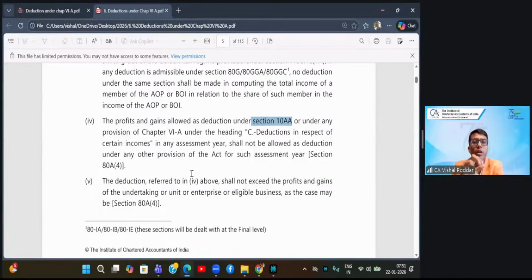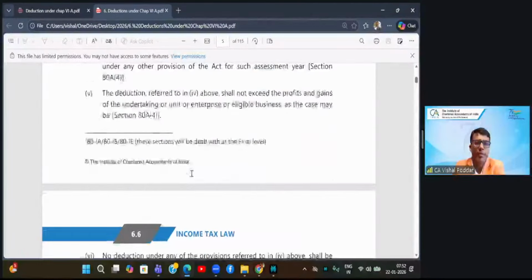Now what happens? You are eligible for deduction under two parallel sections. On the basis of area, SEZ, it is 10AA. On the basis of business, it is Chapter 6A. Now the question is, since you become eligible for two sections at the same time, can you claim deduction twice? Answer is no. That is what is clarified in this point, point number 4.